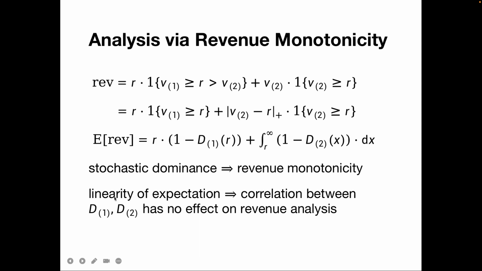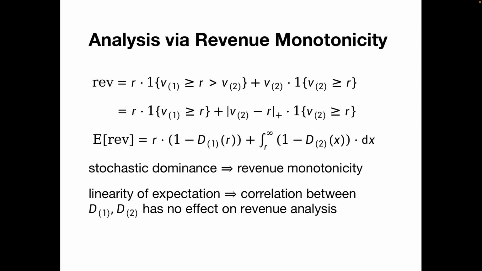Also, another interesting observation is that the expected revenue has two terms. The first term just relies on the first order CDF, and the second term just relies on the second order CDF, but not on their joint distribution. This is exactly the linearity of expectation, and this linearity is exactly the reason why our algorithm can work even for correlated value distributions.